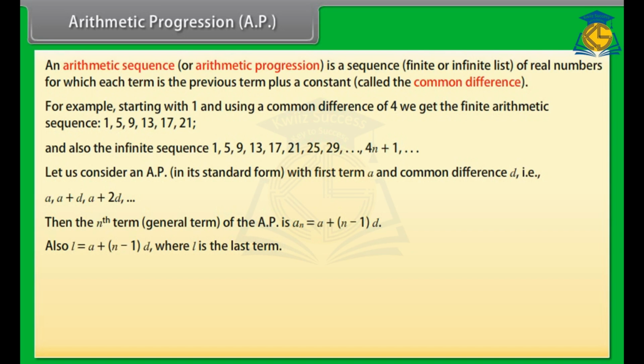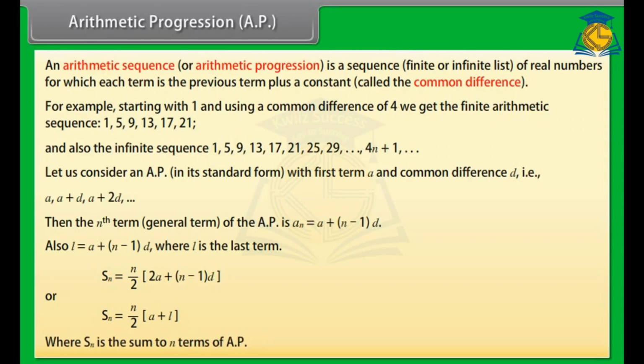Also, l is equal to a plus n minus 1 into d, where l is the last term. Also, Sn is equal to n by 2 into 2a plus n minus 1 into d, or Sn is equal to n by 2 into a plus l, where Sn is the sum to n terms of AP.